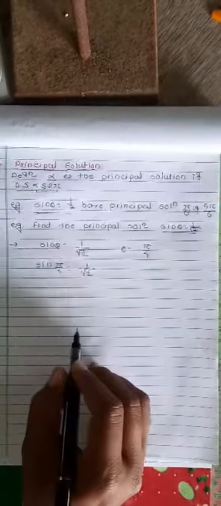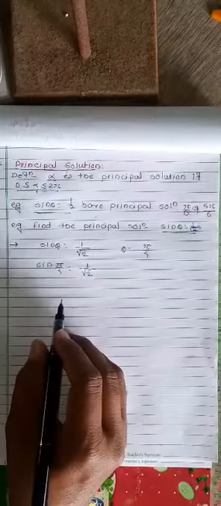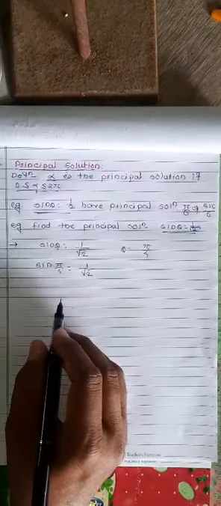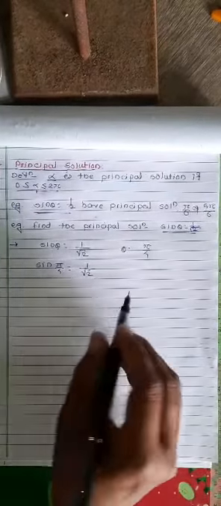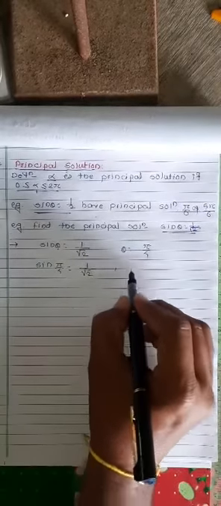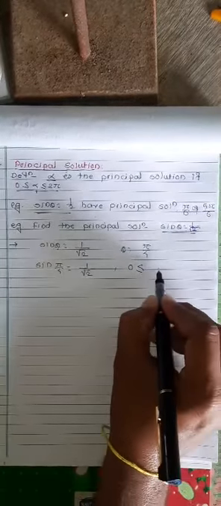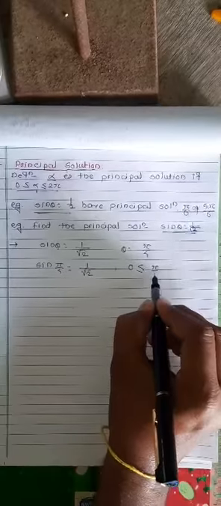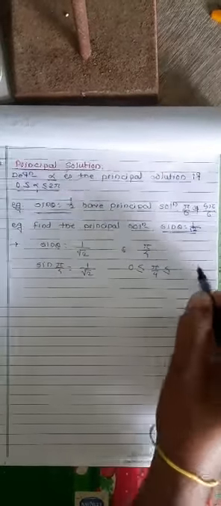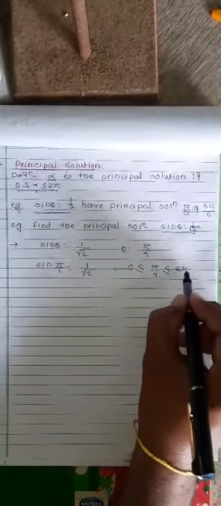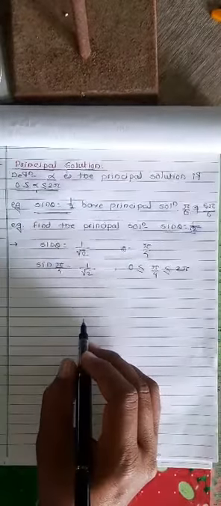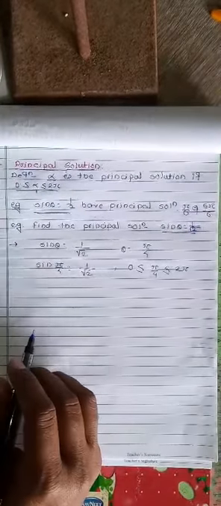Here pi by 4 lies between 0 and 2 pi, so pi by 4 is a principal solution.